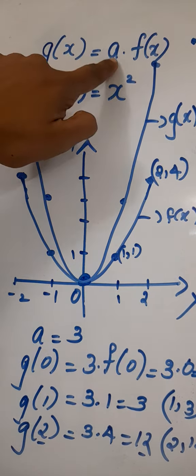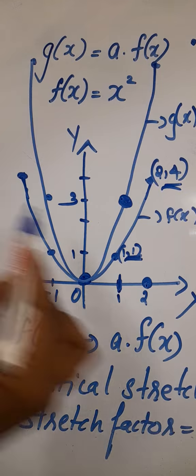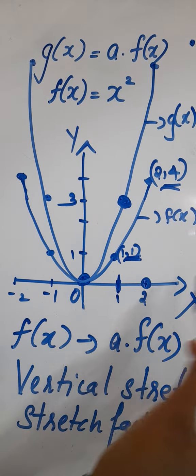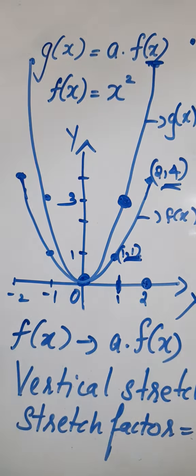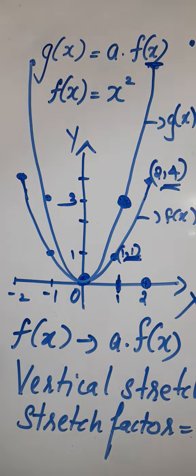Why? Because you consider in f of x, for x equal to 1, we get y equal to 1. For g of x, for x equal to 1, we got y equal to 3. For x equal to 2, in f of x, we got y to be 4, where for x equal to 2, in g of x, we saw that it is 12, which is 3 times 4.